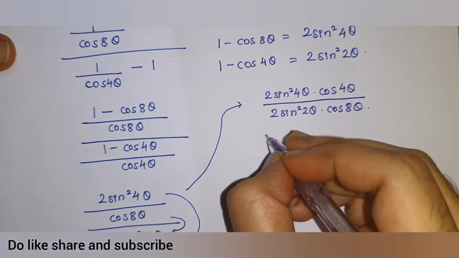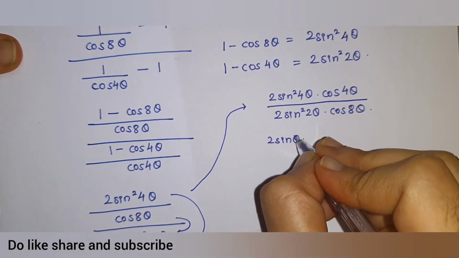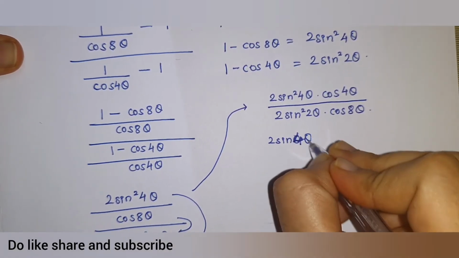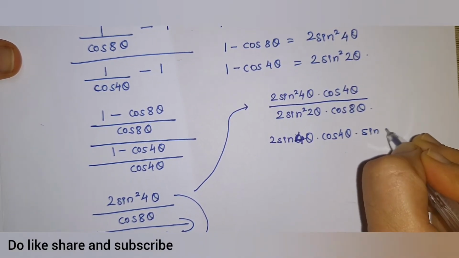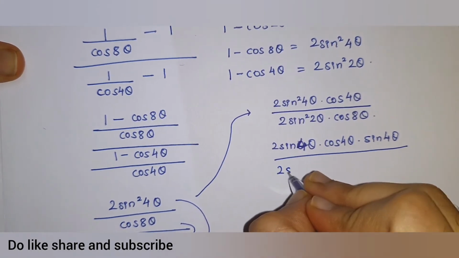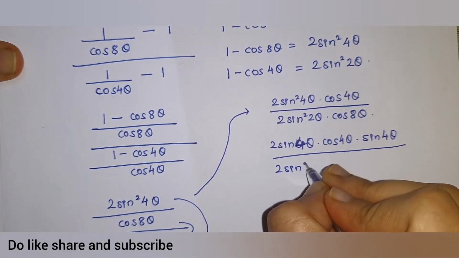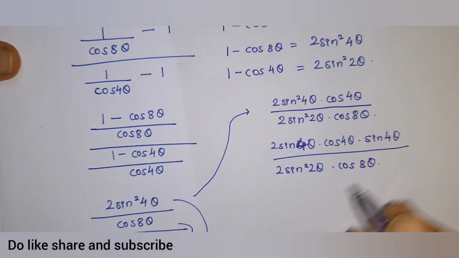Here we can write 2 sine of 4 theta into cos of 4 theta into sine of 4 theta, completely divided by 2 sine square 2 theta into cos of 8 theta.